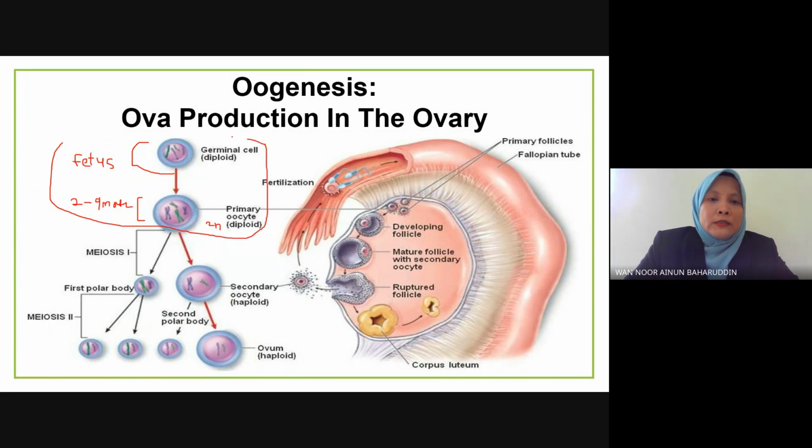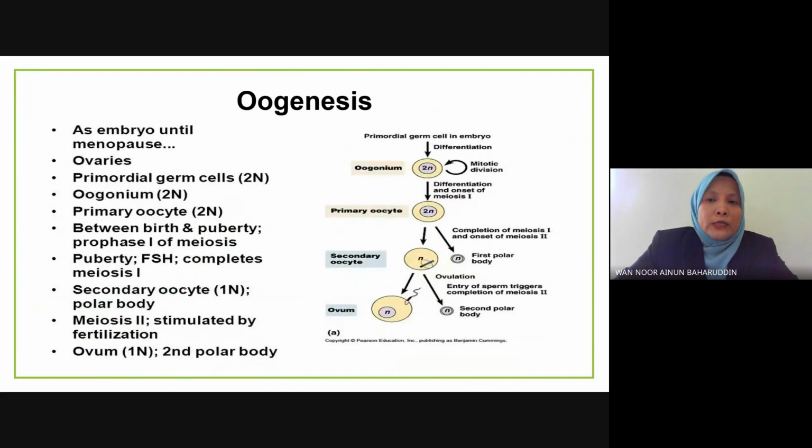These two phases are only applicable while the baby girl is inside the mother's womb. They stop here, and after birth, the primary oocyte will develop through meiosis 1 and meiosis 2.